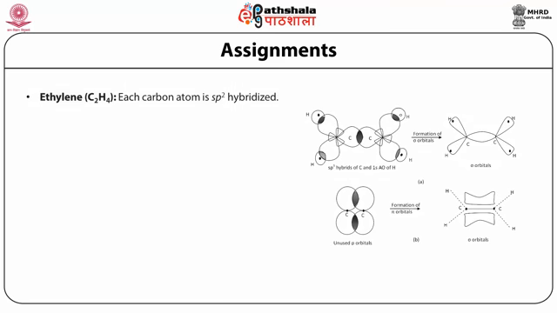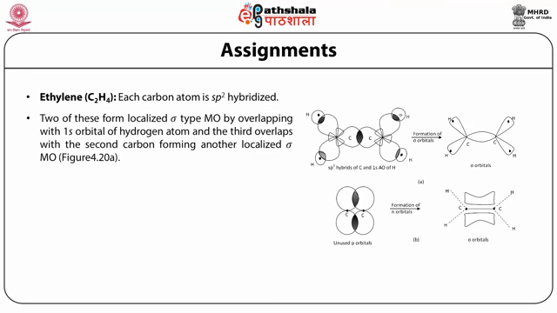In case of ethylene, the chemical structure is C2H4. Each carbon atom is sp2 hybridized. Two of these form localized sigma type molecular orbitals by overlapping with the 1s orbital of a hydrogen atom, and the third overlaps with the second carbon, forming another localized sigma MO.